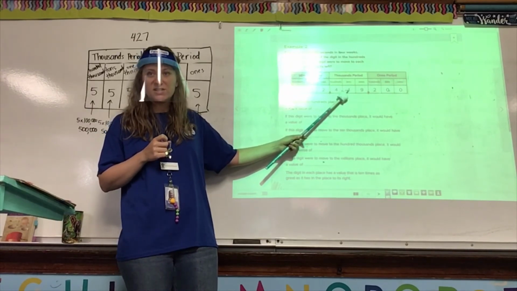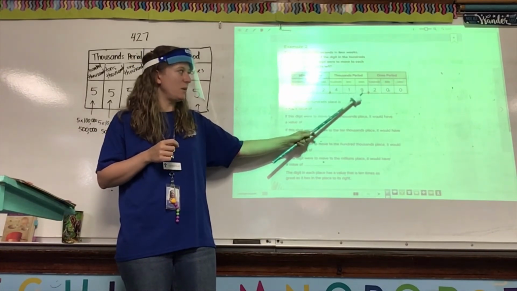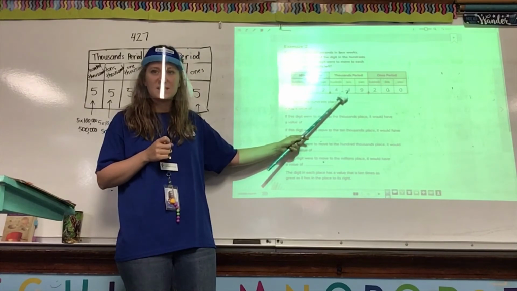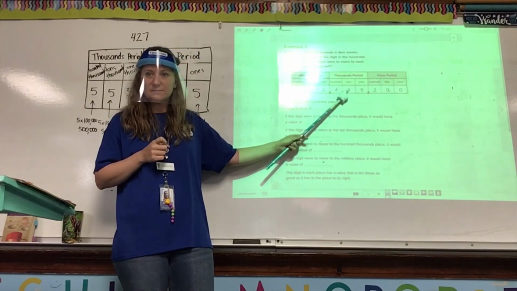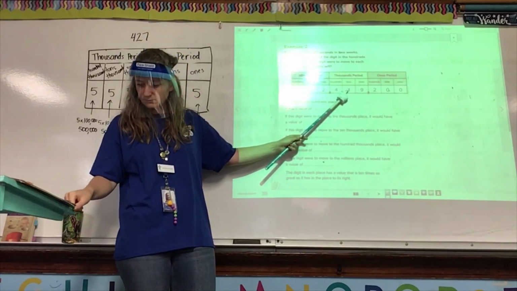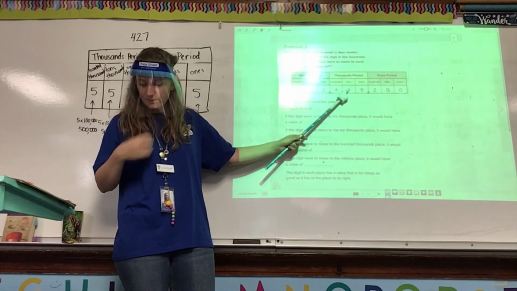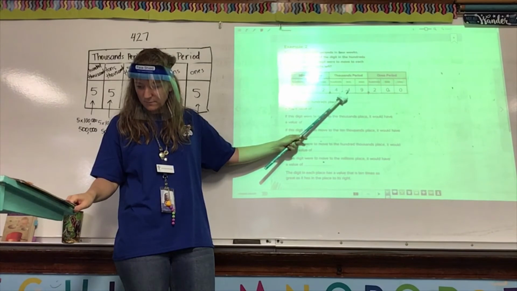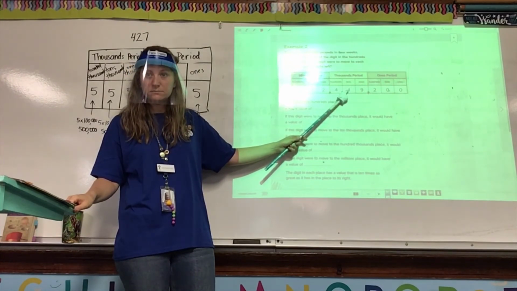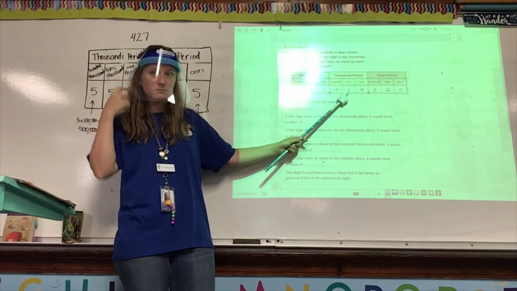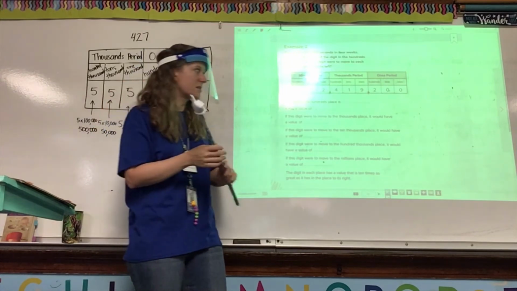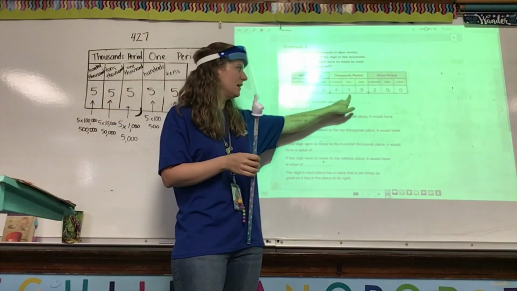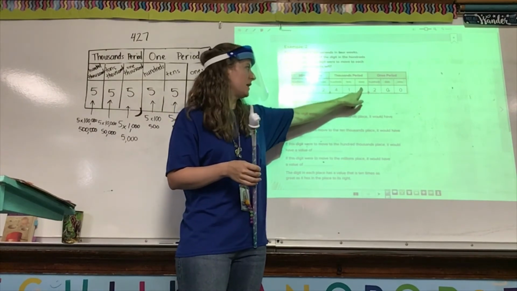What sentence did we circle on the page before? On example 1, it was a digit in each place represents 10 times what it would represent in the place to its right. Good. So that means this place is 10 times greater than this place.